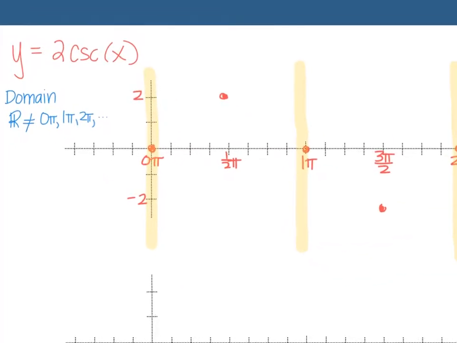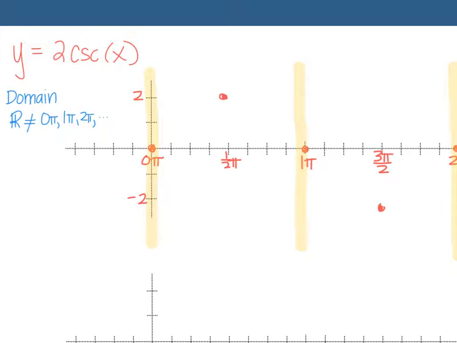All right, then, what do we do with our amplitudes? Our amplitude that's above the x-axis, the positive amplitude, the graph looks like this. It's a U shape. We call that a branch. And it has to stay between the asymptotes. So your asymptotes act as the boundary lines, which keep that branch in between. And so that has its own range.